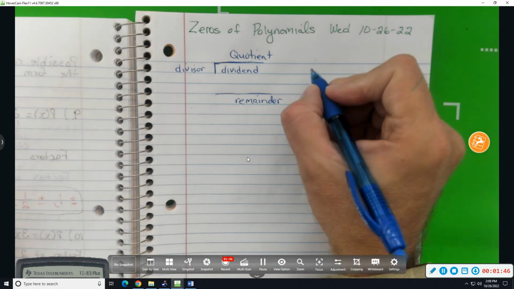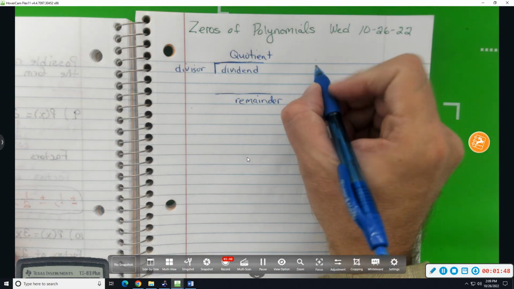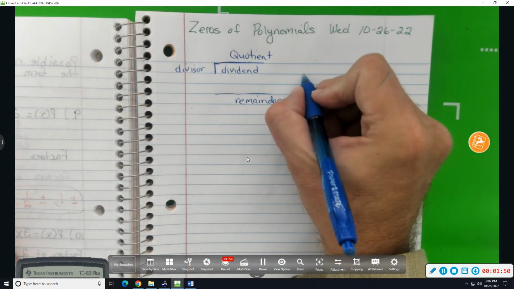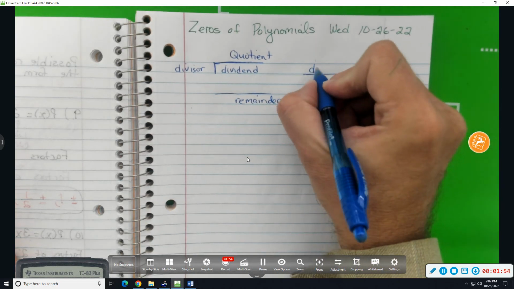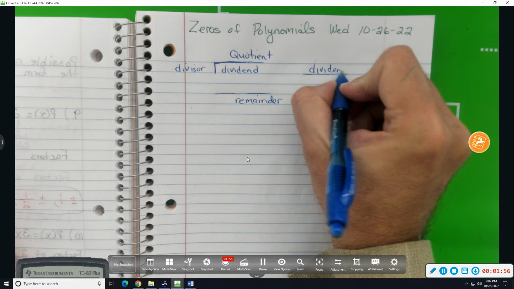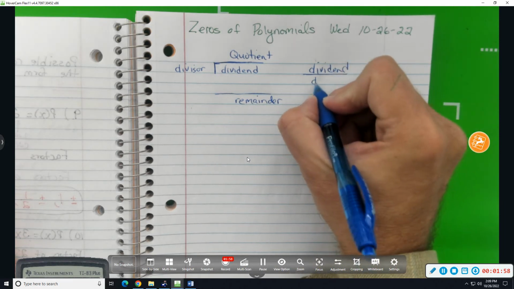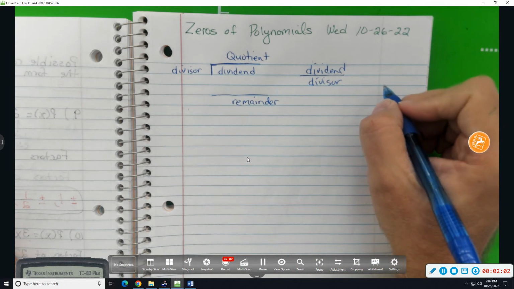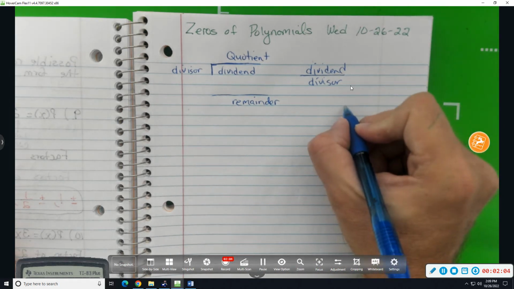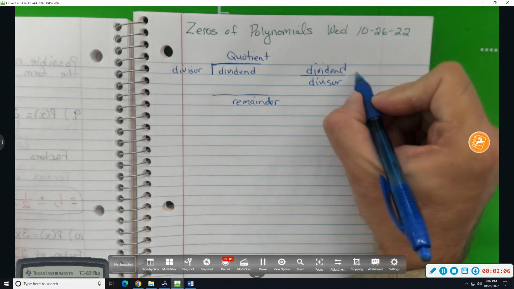Another way you might see a division written is with a fraction bar. If it's written like that, then the dividend is on top and the divisor is on the bottom. And there's still one other way.